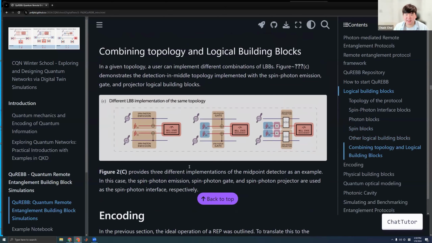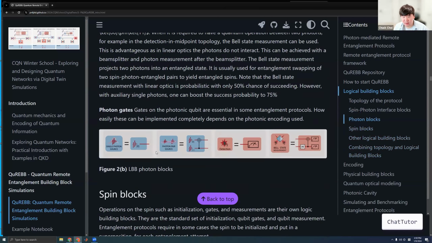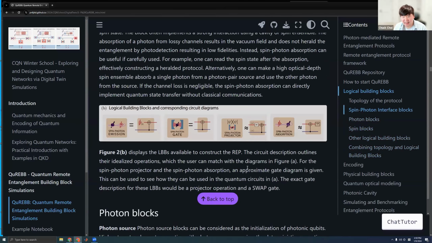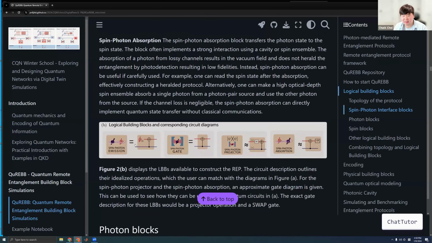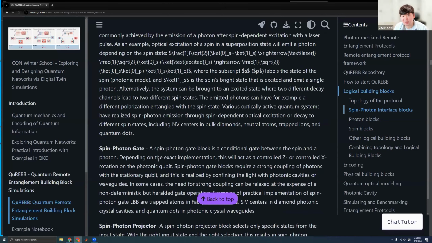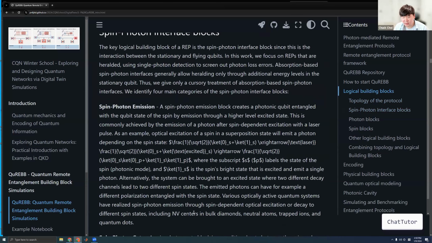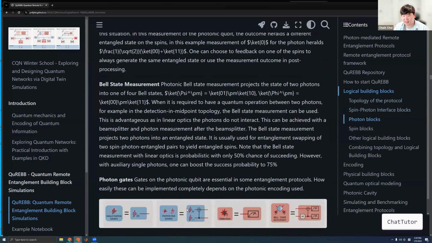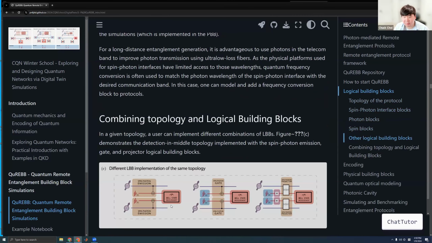Given this configuration of the CNOT, we can directly plug it into the topology to get the logical building block layer compilation.